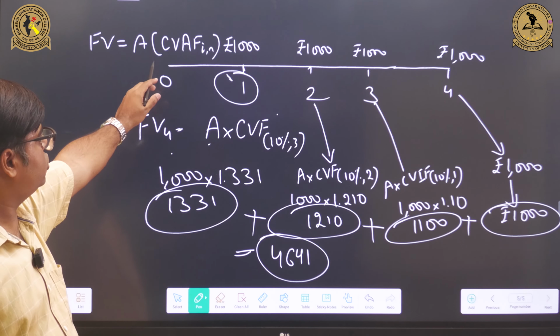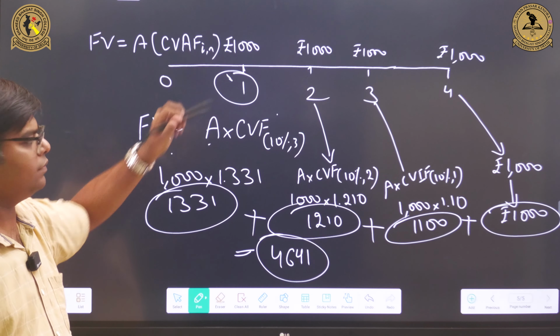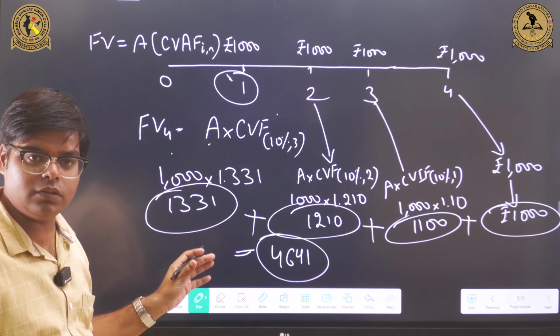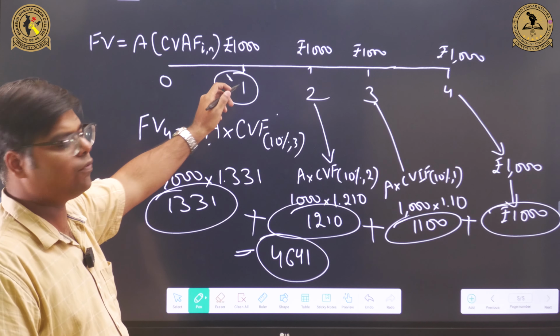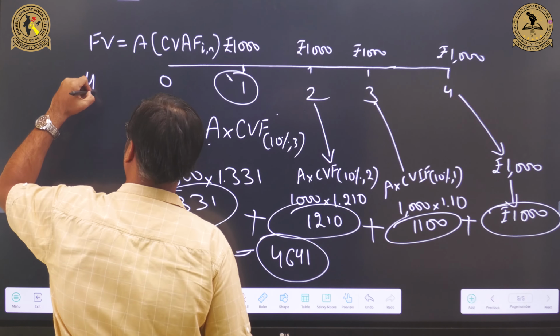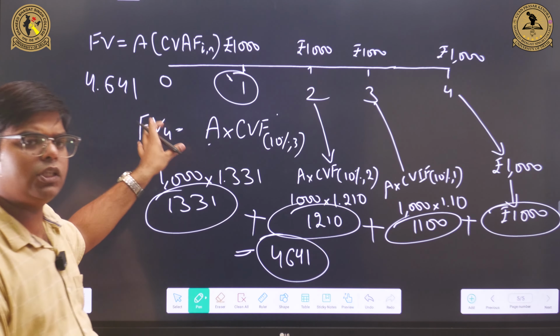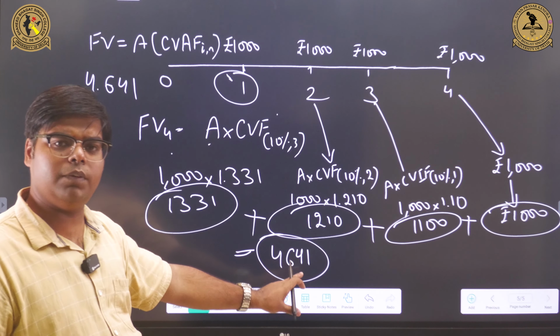Future value is equal to annuity multiplied by CVAF(i, n). So if the time period is 4 years and the interest rate is 10%, the value of CVAF comes out to be 4.641. So 1000 multiplied by 4.641 will give you the same amount.